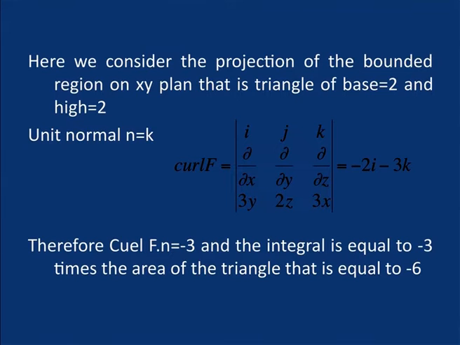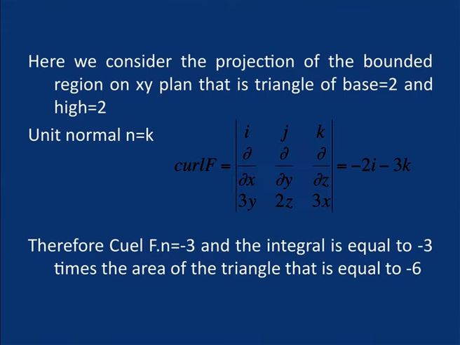So, the value of curl f becomes minus 2 i minus 3 k, and n cap here is k. Therefore, the dot product curl f dot n cap becomes only minus 3. Therefore, the line integral of f dot dr becomes the surface integral of minus 3 over the surface.